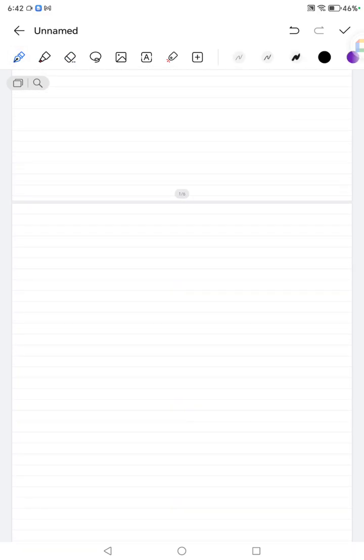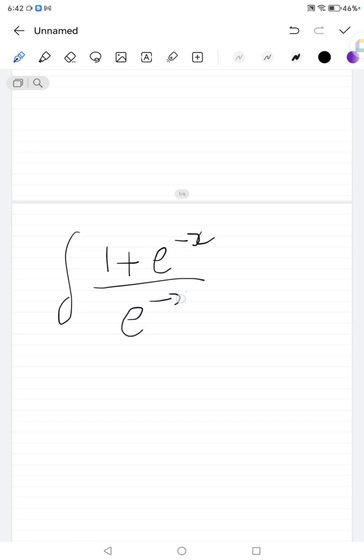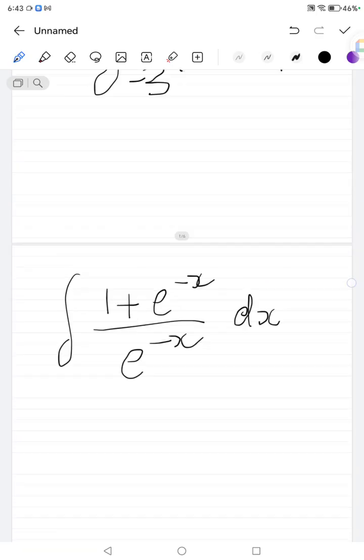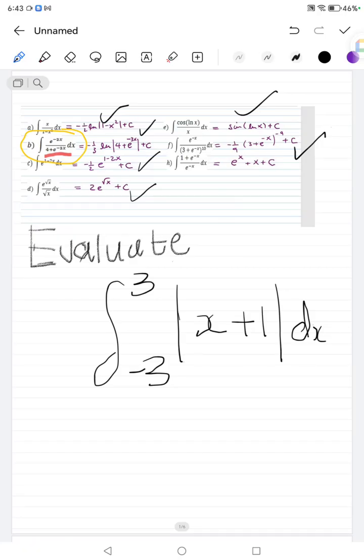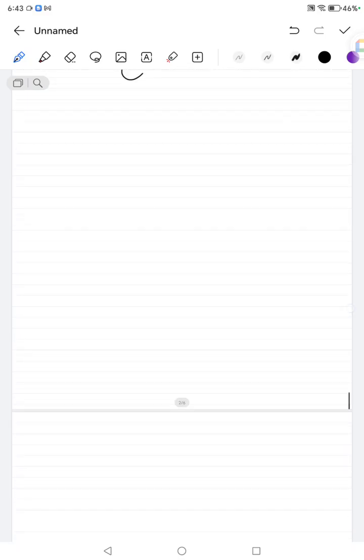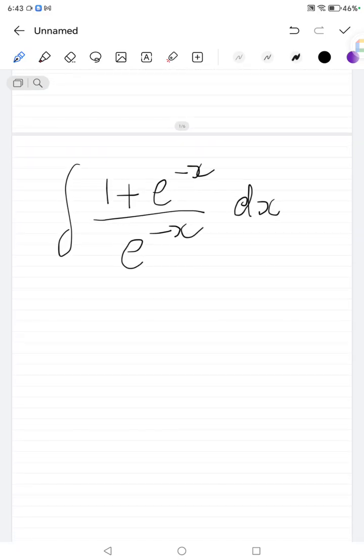Okay, I think this one is straightforward. What do we have? We have 1 plus e to the exponent minus x over e to the exponent minus x dx. So yeah, it seems like it's similar to the other one, but not quite really, because this one you can just try to split it before you go and let the top part be your u.